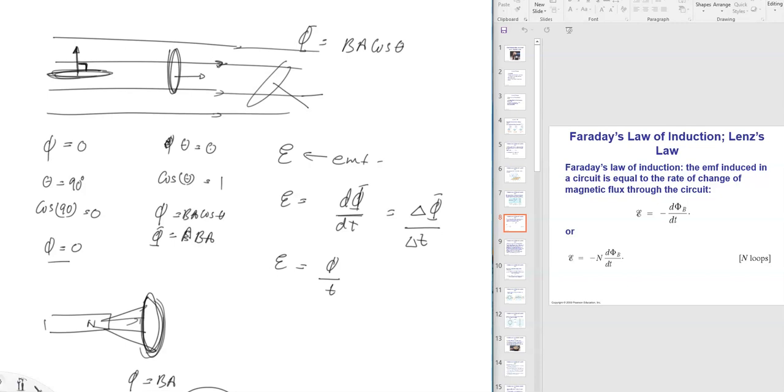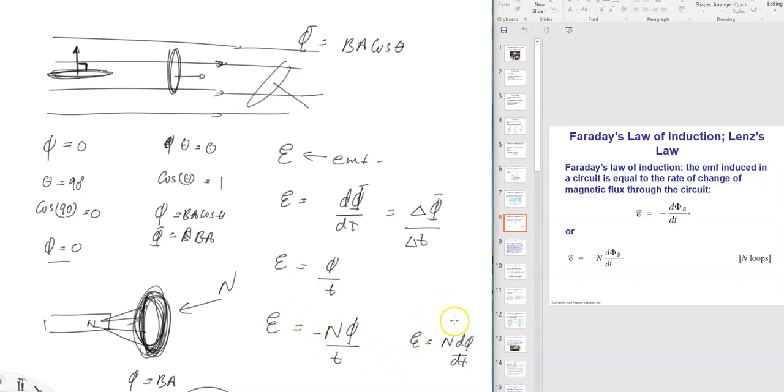Now instead of a single loop, if I put multiple loops, n number of loops, now you can say psi equals n times psi over t, or better, n times d psi by dt, using some calculus. Now there is a negative sign in this equation. What does this negative sign mean?